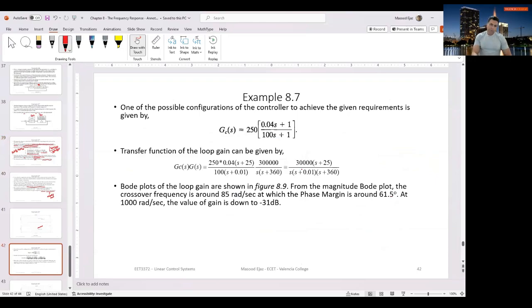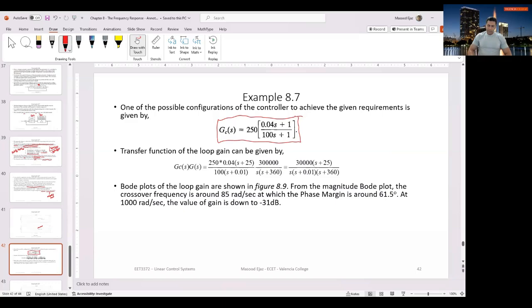So again, in the book, one of the possible transfer functions of the controller is given, where the controller gain is 250, tau 1 is 0.04 second, and tau 2 is 100. And again, this is from the textbook. One of the possible configurations of the controller to achieve the given requirement is this.